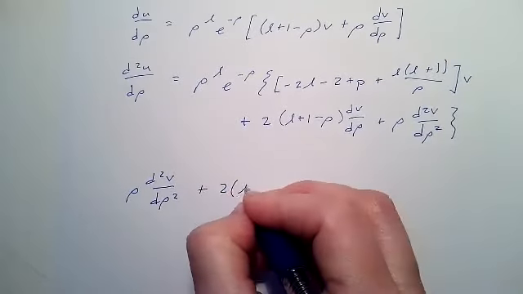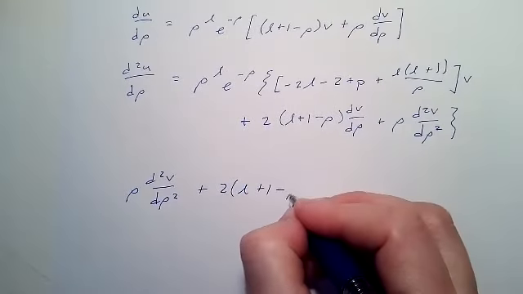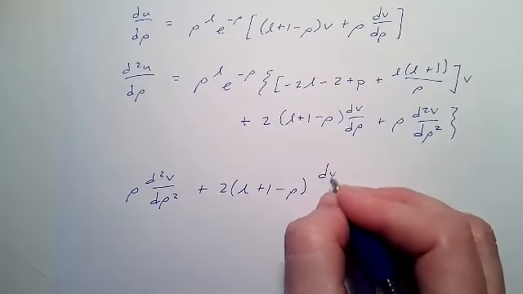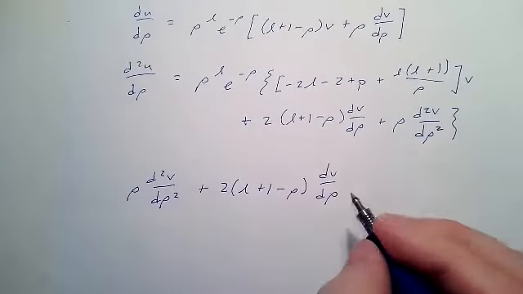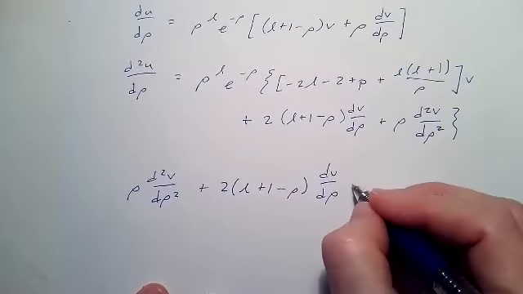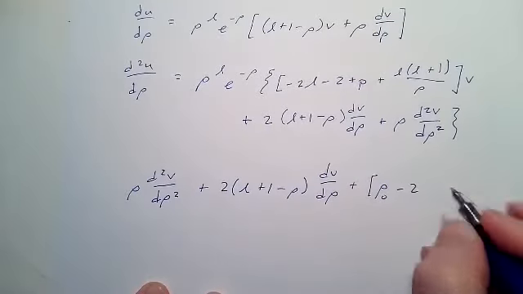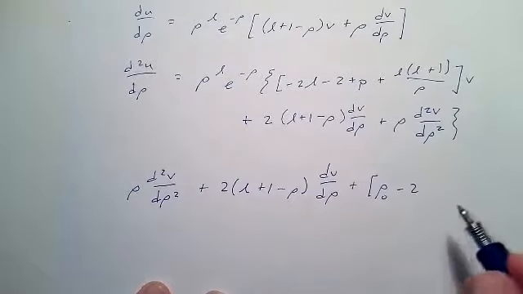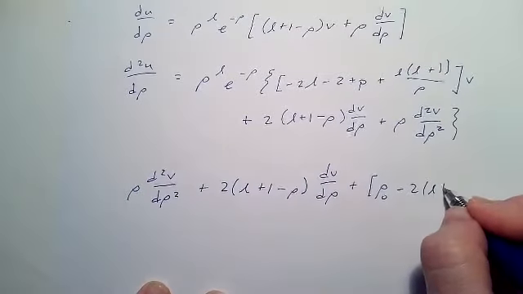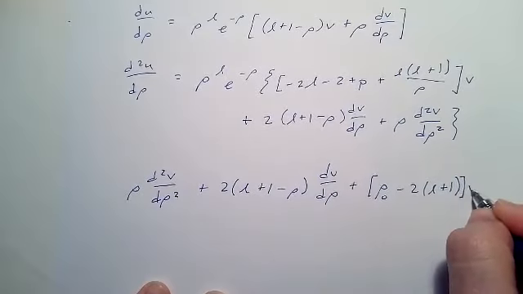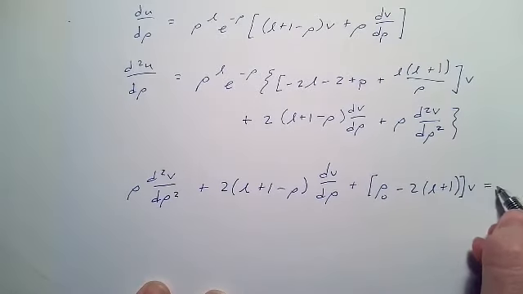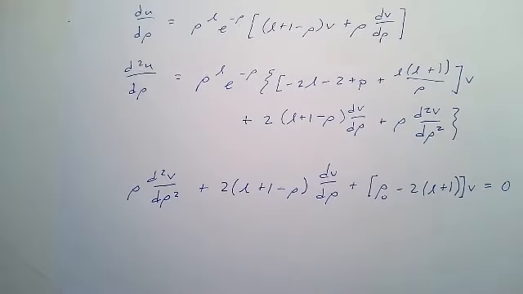We have 2L plus 1 minus rho dv d rho. We can pull out a rho 0 here. So remember, we defined that rho 0 previously. And that all equals 0.